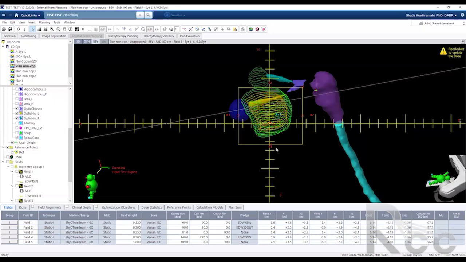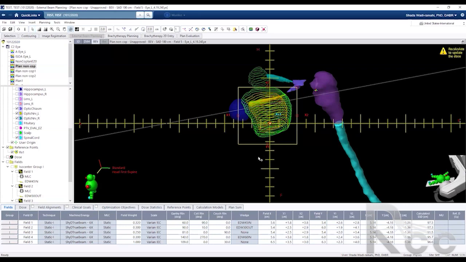So with 3D planning and the more beams you use, you can afford to be tighter on your PTV to field edge. This is not true if you only have 1 or 2 beams.